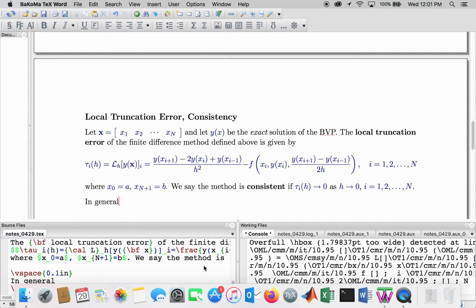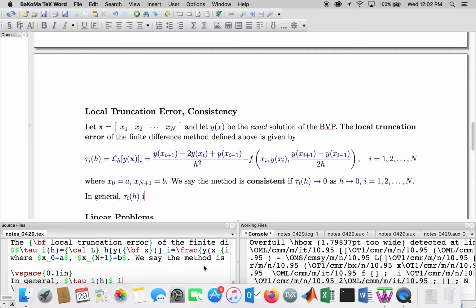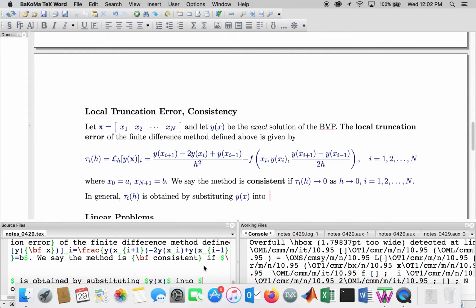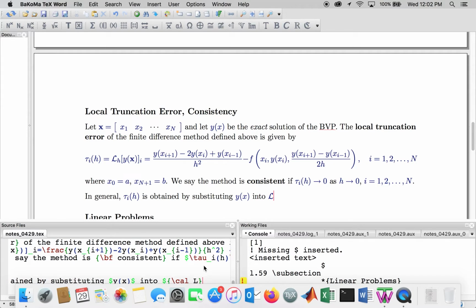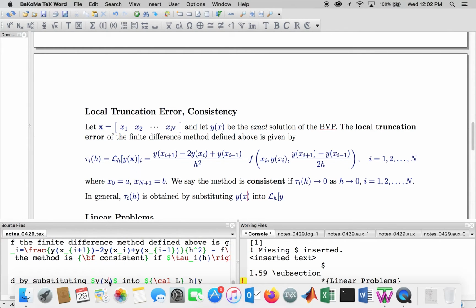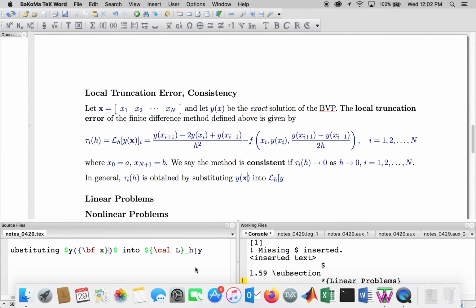So in general, tau of h is obtained by, as I said earlier, substituting y of vector x, so evaluating the exact solution at all the interior grid points, and you substitute that into your method.